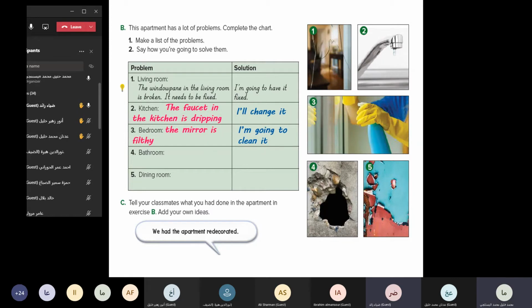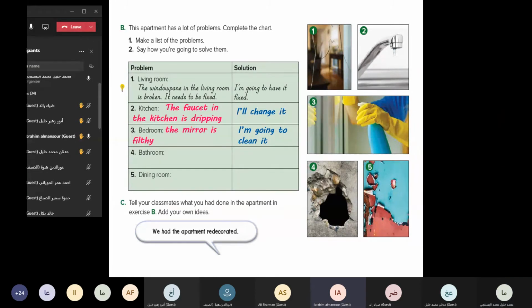Good, thank you. Now, what about number 5, the dining room? What happened to the paint? Yes, Ibrahim Mansour.